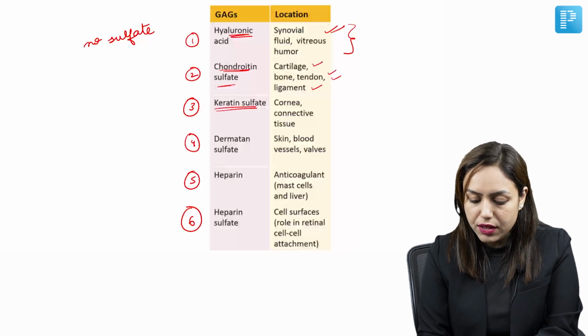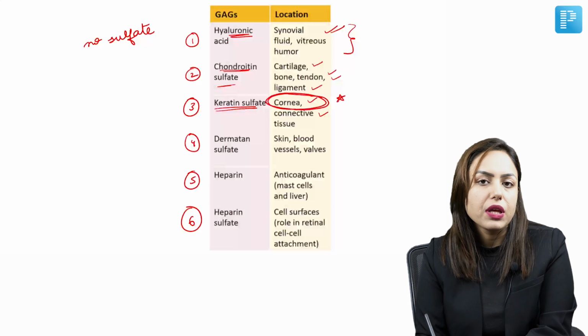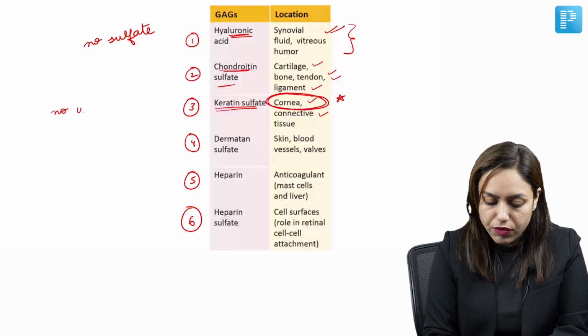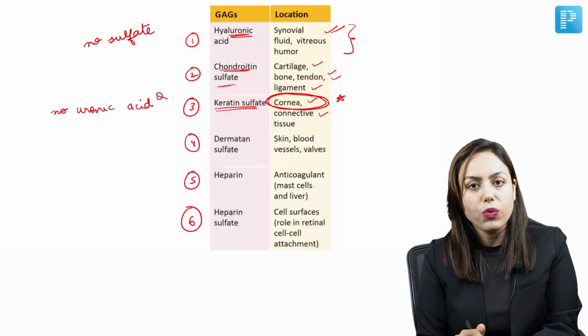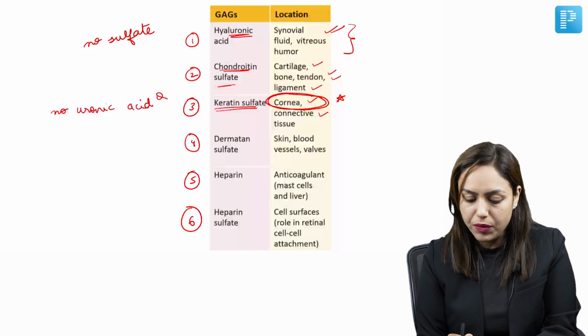Then keratan sulfate, which is present in cornea and connective tissue, and it is responsible for the transparency of cornea. This is frequently asked. Also, keratan sulfate has no uronic acid. Otherwise, all other GAGs have uronic acid in it, right?